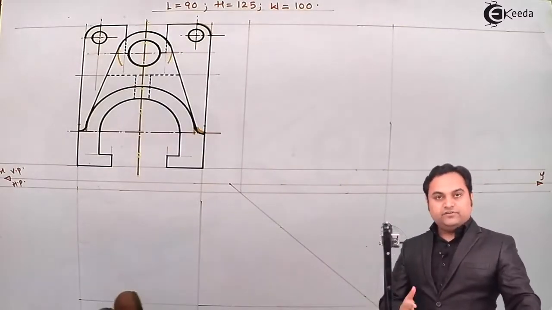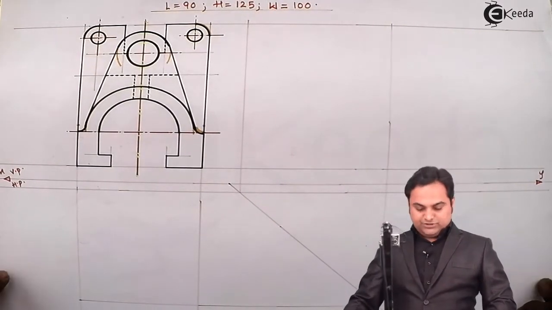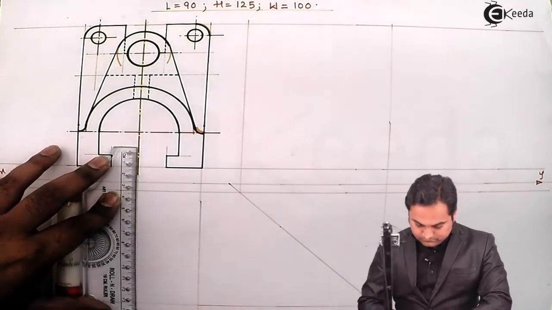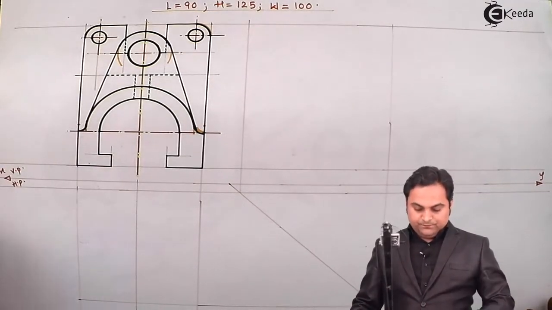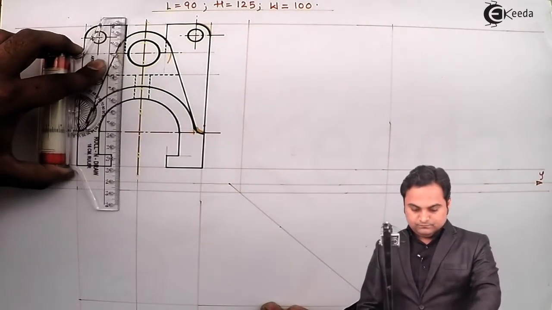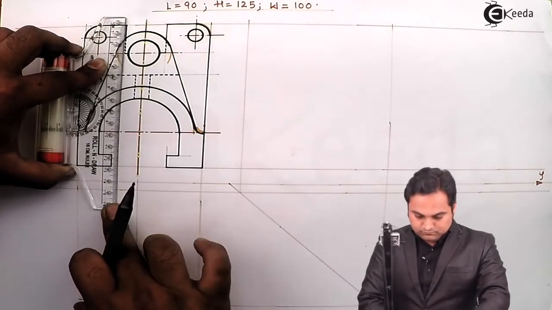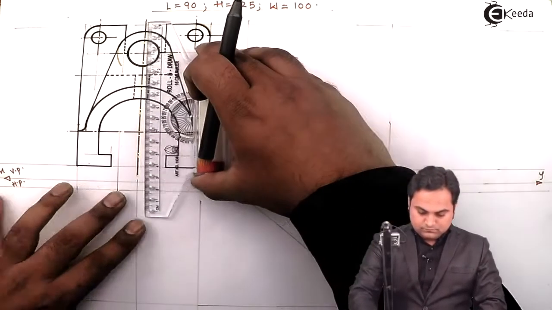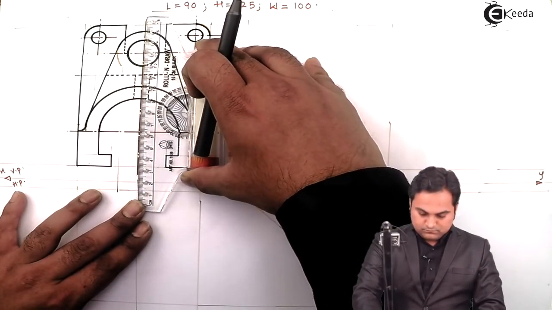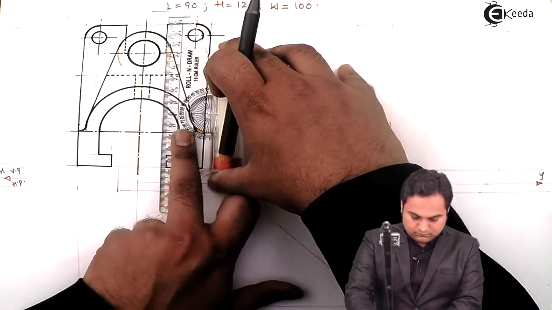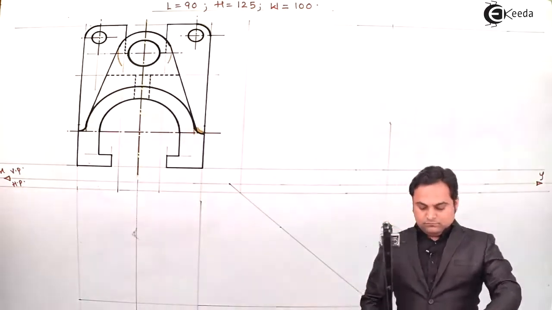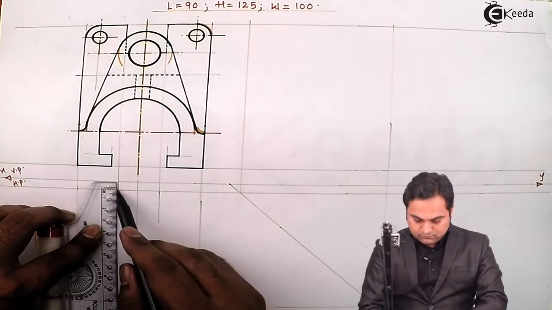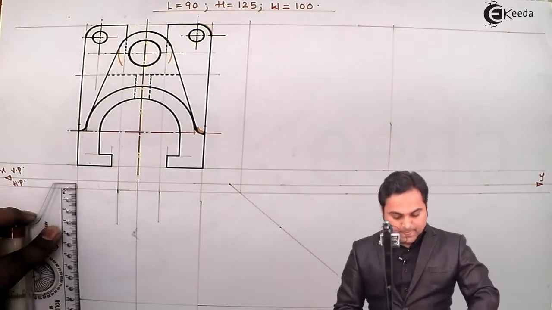I'll take their length from the front view. Just before doing that, I'll also project the center line into the top view, taking this center line down. Next, the width is 15.